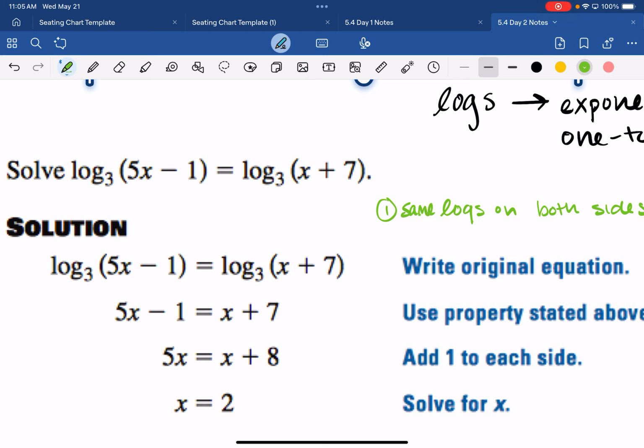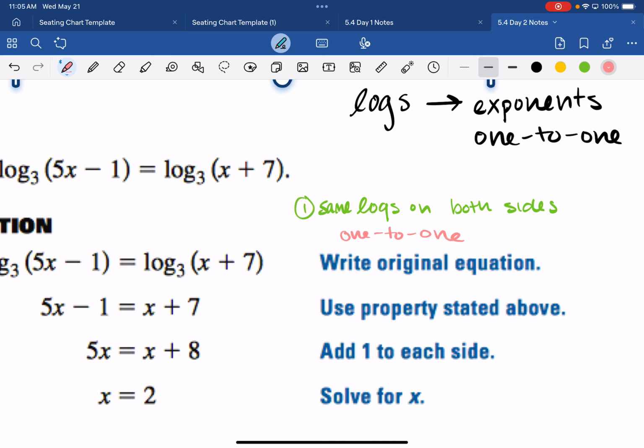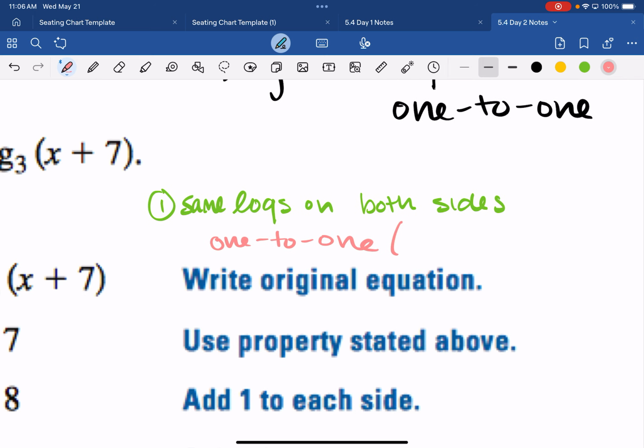When it's the same log on both sides, we've actually already talked about this. We're going to use the one-to-one property, which if you recall, I'm going to write off to the side here. The one-to-one property was: if log of x equals log of y, then x equals y.